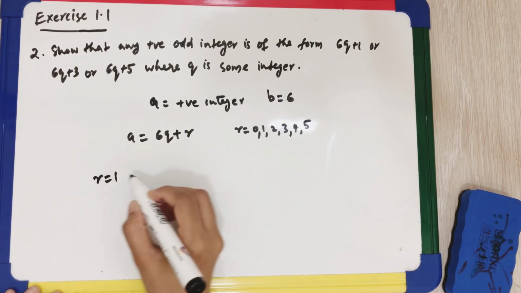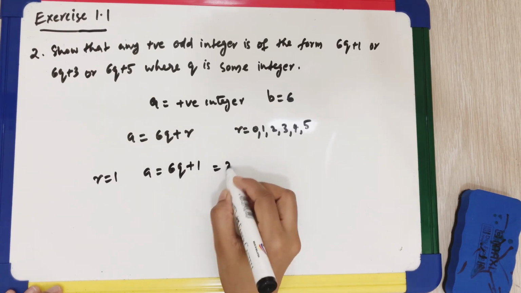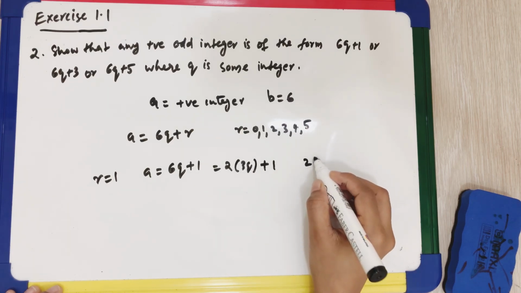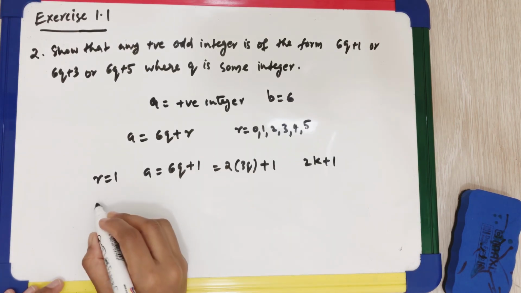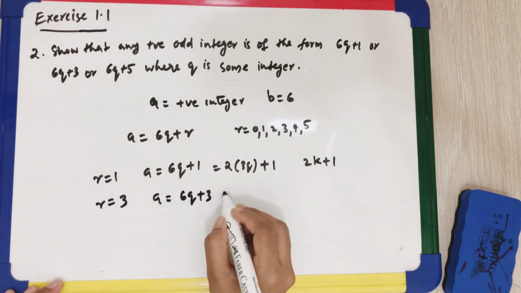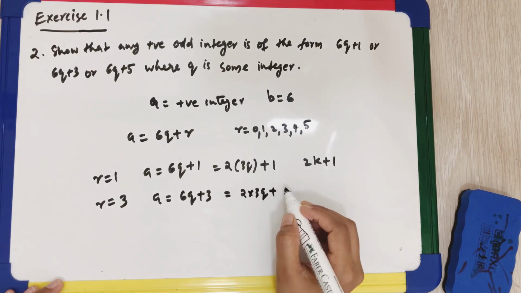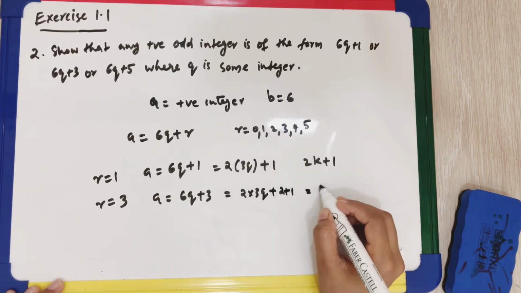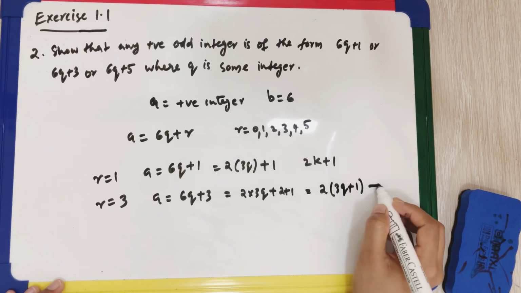When r equals 1, we get a equal to 6q plus 1, which is equal to 2 into 3q plus 1. It is of the form 2k plus 1, that is odd, not divisible by 2. When r is equal to 3, a is equal to 6q plus 3, which is equal to 2 into 3q plus 2 plus 1, which is equal to 2 into 3q plus 1 plus 1.